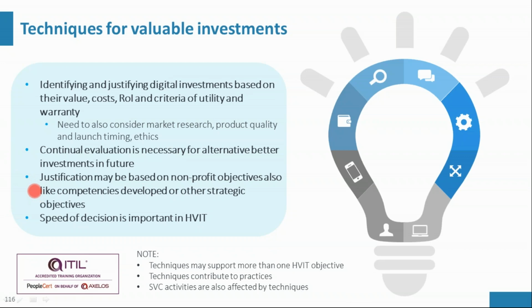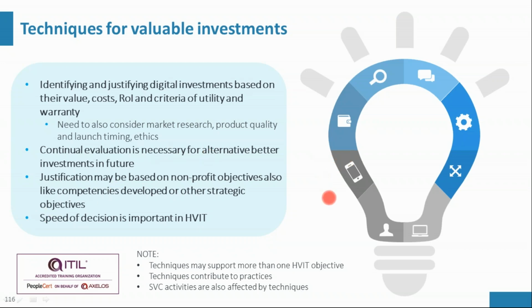It need not always be a money-based decision to adopt a certain technology, to invest in it, or to create a new service and invest in it. There could be other factors like availability or non-availability of competencies or other strategic objectives like diversification or expansion of business, etc. However, speed of decision is important because it is HVIT.